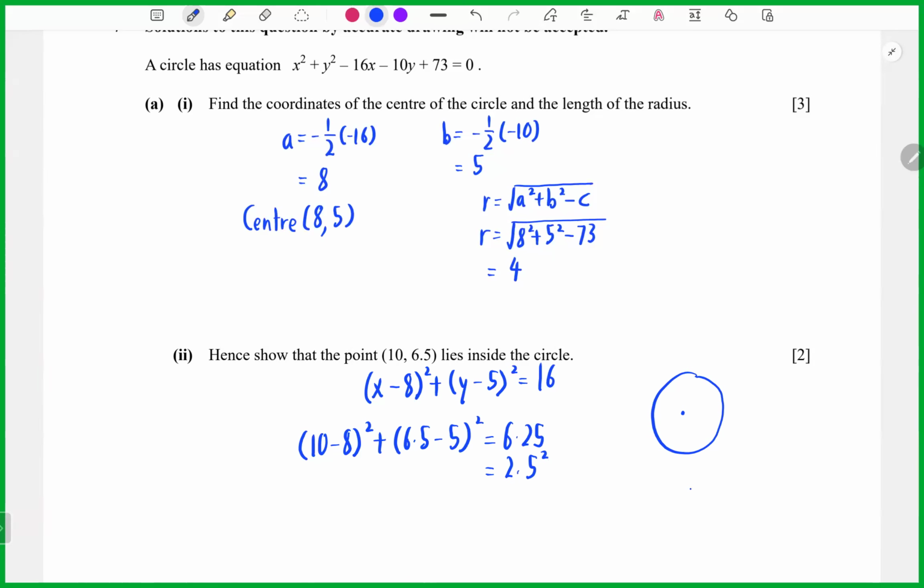Actually, you can see it is less than the radius of the circle. So the distance 2.5 is less than the radius of the circle, R equals 4.